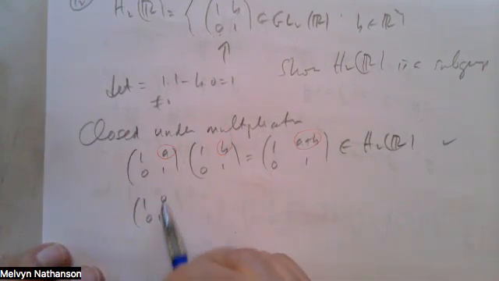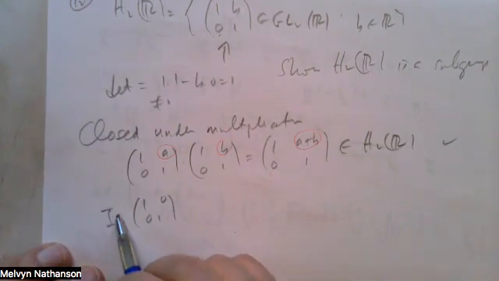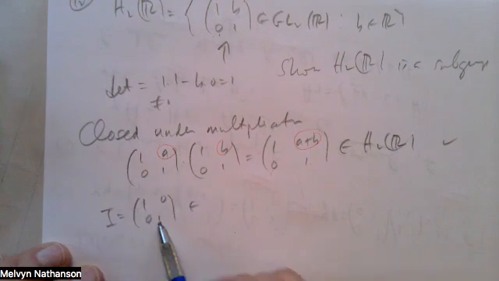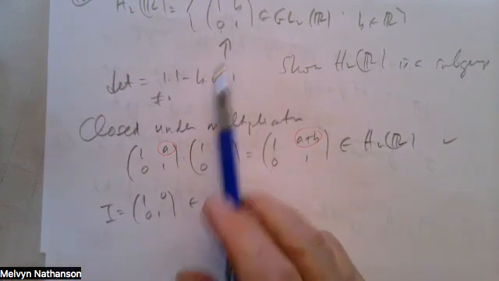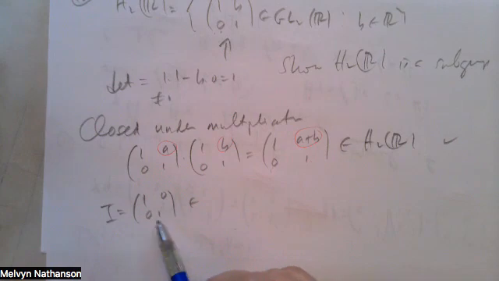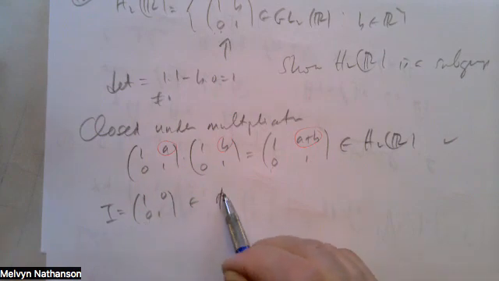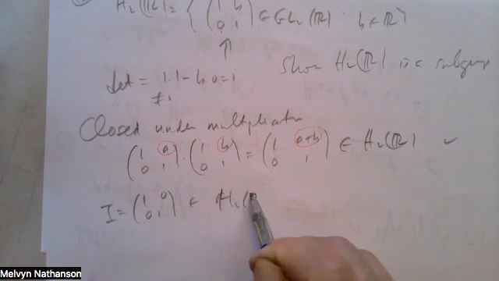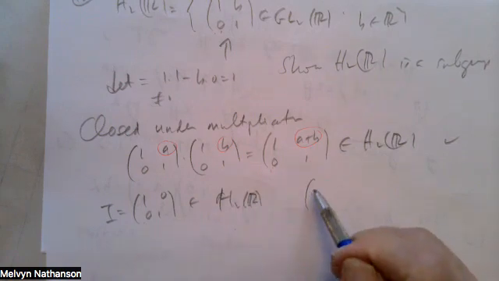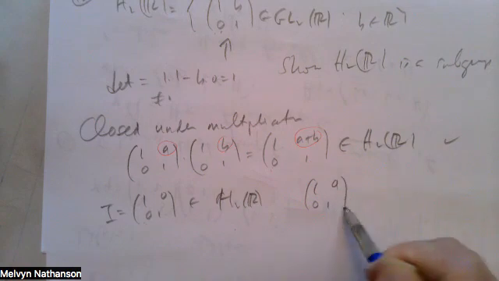So this set of matrices is closed under multiplication. And the identity, well, again, to be in this subgroup, you need 1 down the diagonal and 0 in the lower left. So this is in H2(R). And what is the inverse of [1, A; 0, 1]?